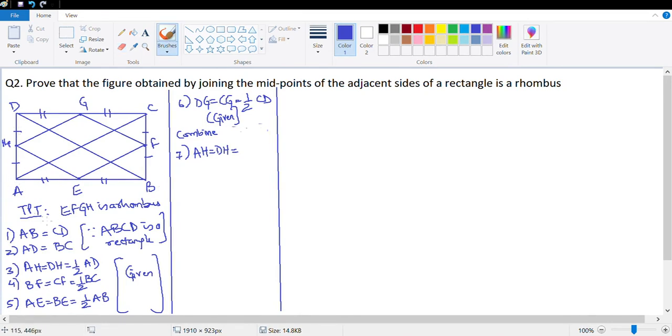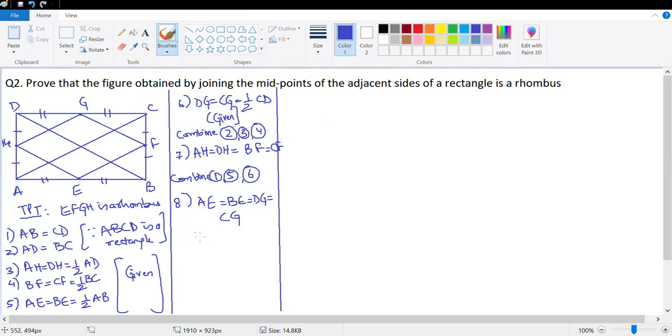So AD and BC is being referred to in number 2, and in 3 and 4. So AH is equal to DH is equal to BF is equal to CF. And if I combine 1, 5 and 6, where 1 is AB and CD, I get number 8: AE is equal to BE is equal to DG is equal to CG. So these 4 parts are also equal.